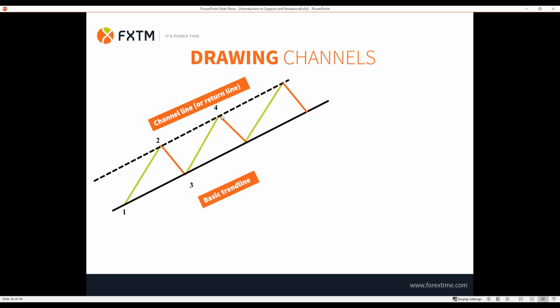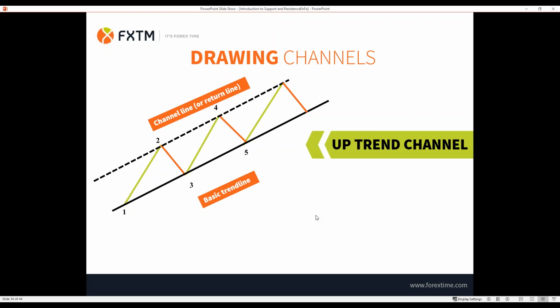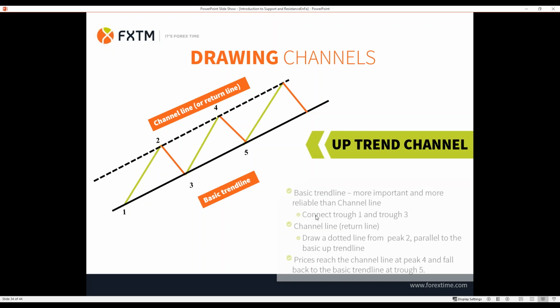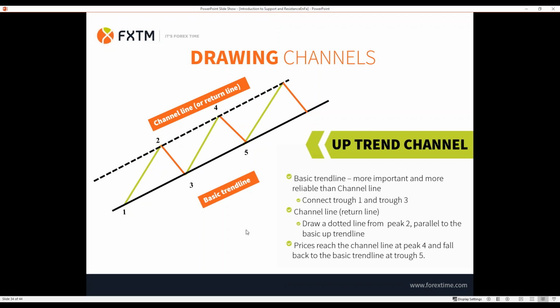And then when the new top arrives, now you can adjust your upper line to pass through 2 and 4. Excellent. So uptrend channel, this is what we just discussed here. What you have to remember is that you need 1, 2, and 3.